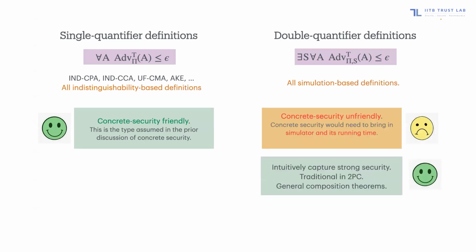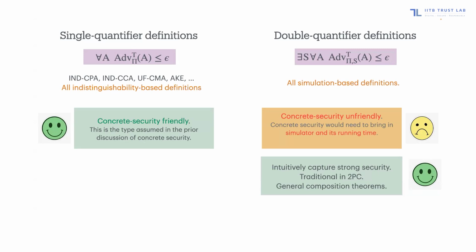While in the double quantifier definitions, we also have a simulator as a parameter, and the security result would say something like there exists a simulator such that for all adversaries the advantage is so. And all simulation-based definitions are like this, and the existence of a simulator makes it harder to get concrete security results.